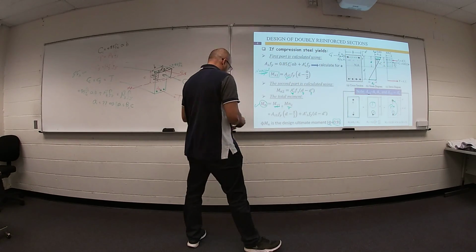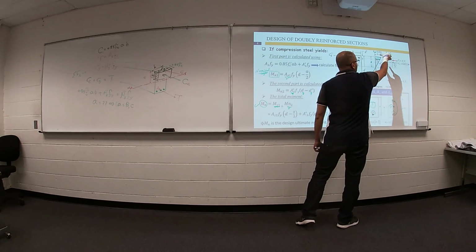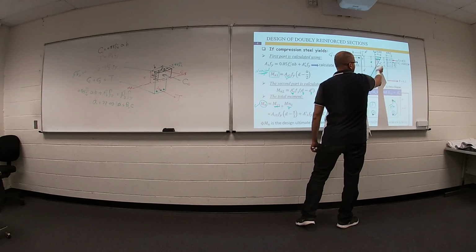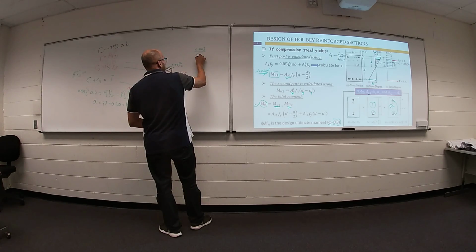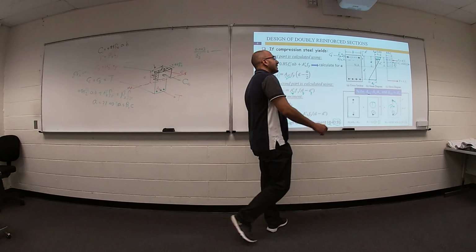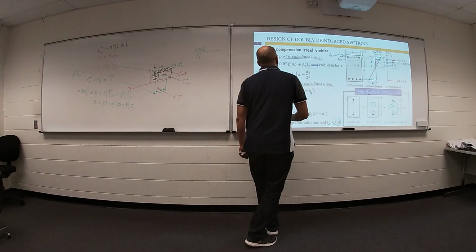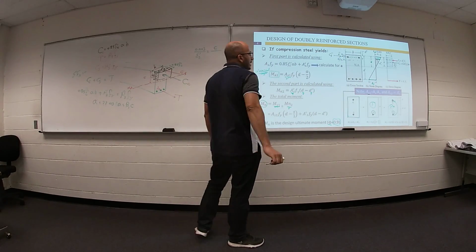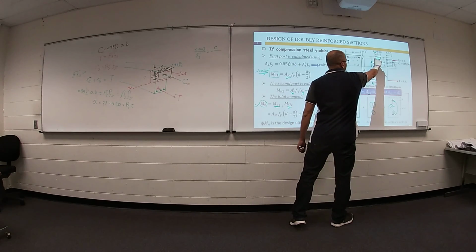Remind me, this value from the first triangle divided by this value from the second triangle: 0.003 divided by epsilon steel prime equals this distance from the first triangle, which is c, divided by this distance from the second triangle.